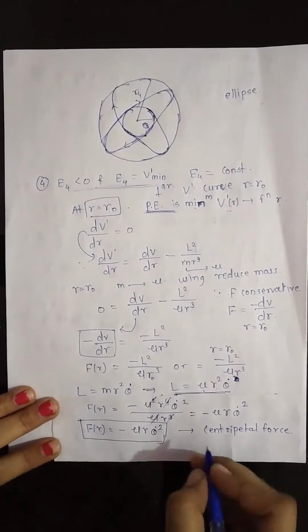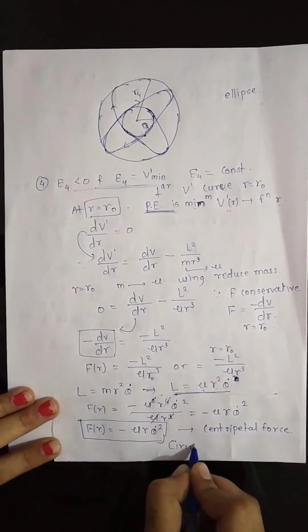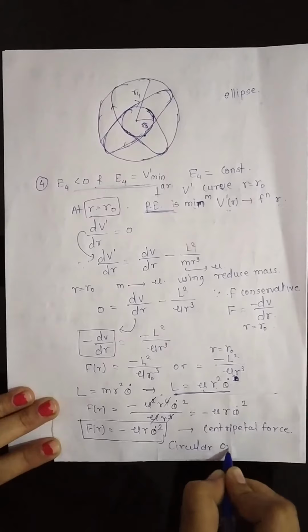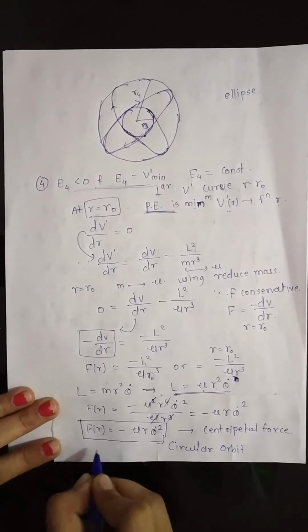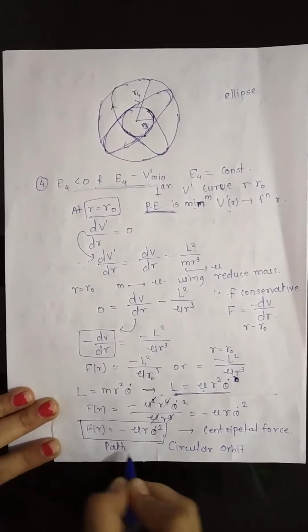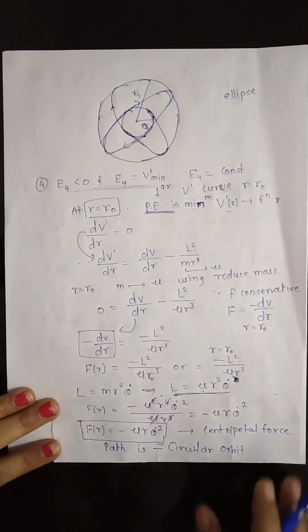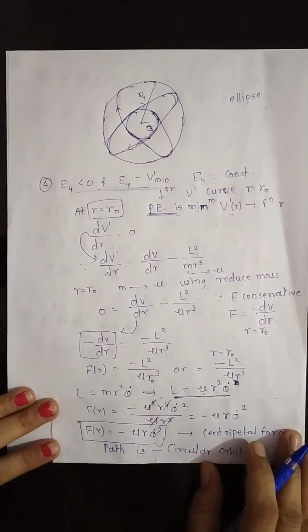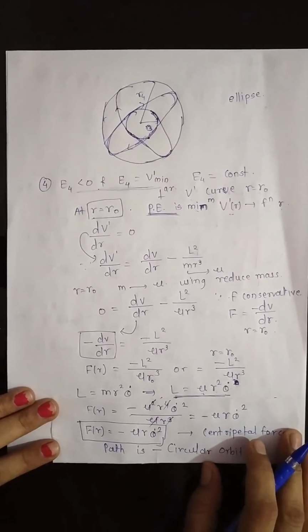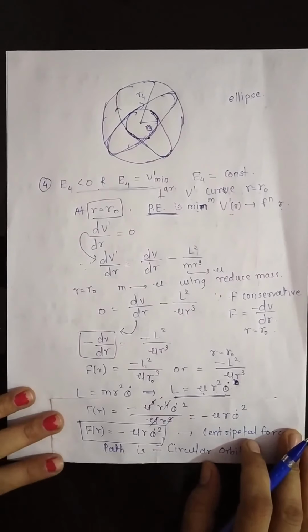So we get here a circular orbit, the path of the particle is a circular orbit. So this is all about the 4 different cases of energy and the general features of the motion.